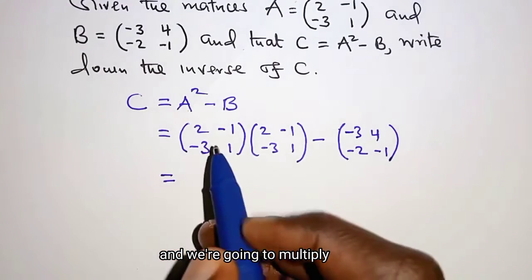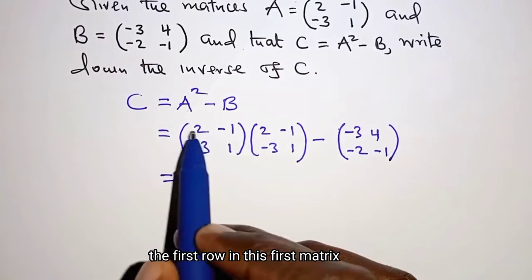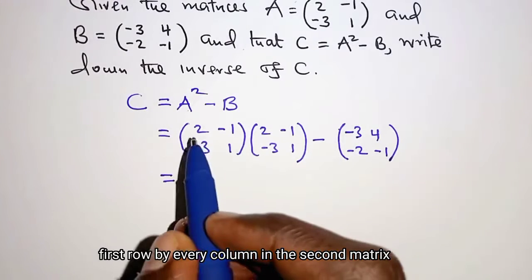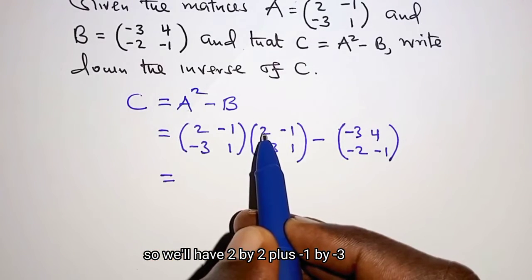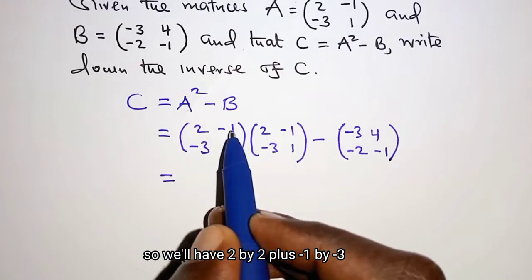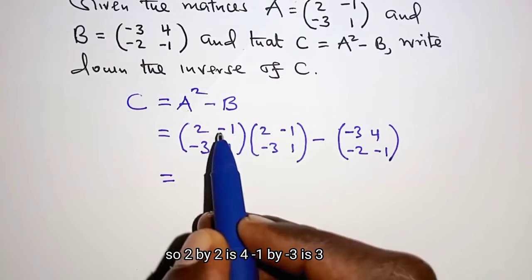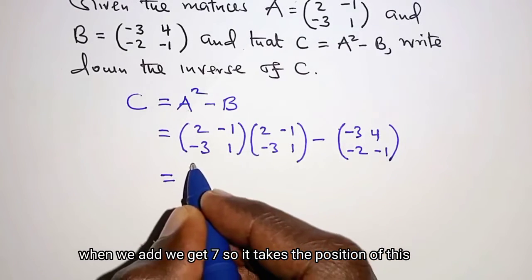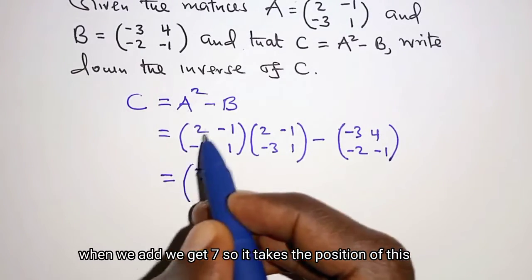So we are going to multiply these two, and we are going to multiply the first row in the first matrix by every column in the second matrix. So we'll have 2 by 2 plus -1 by -3. So 2 by 2 is 4, -1 by -3 is 3. When we add, we get 7. So it takes the position of this.